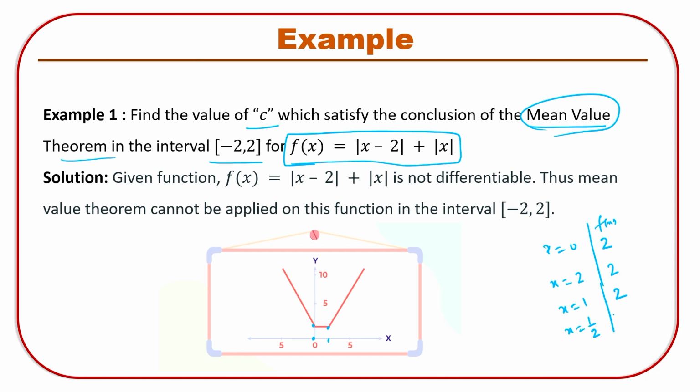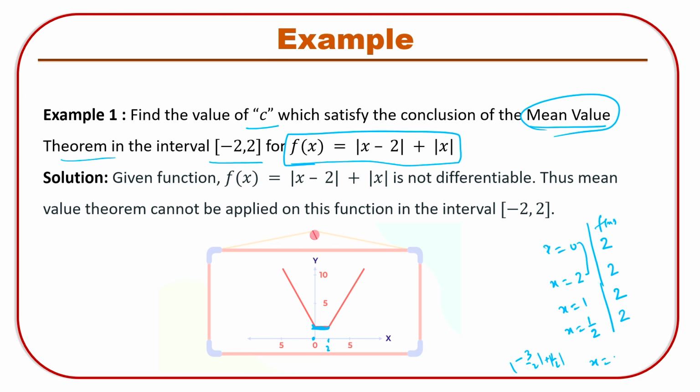This will give you 1/2 - 2, so this will be |-3/2| plus |1/2|, which comes out to be 2, right. So, that means from 0 to 2 the function value is 2. So, here is the function value, 2.